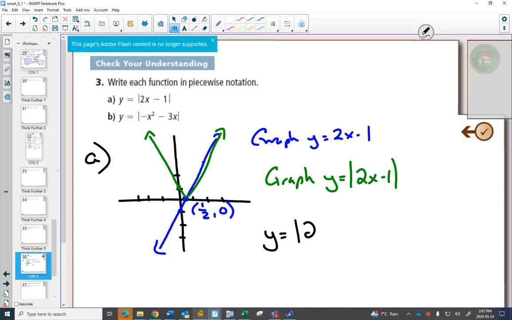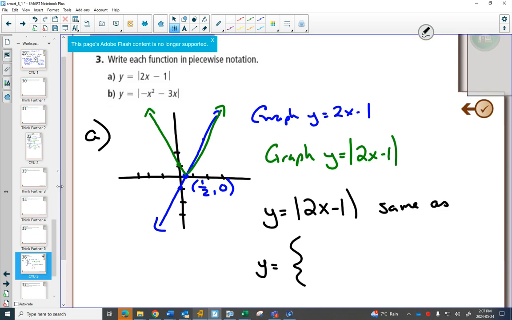the absolute value of 2x minus 1 is the same as y equals this fancy squiggle bracket. It stays the same, it stays 2x minus 1, if x was bigger than or equal to a half. And we flipped it, which we would put a negative out in front of the whole thing. So I put a negative with brackets, because you can distribute if you like, but it's kind of nice just to write it like this.